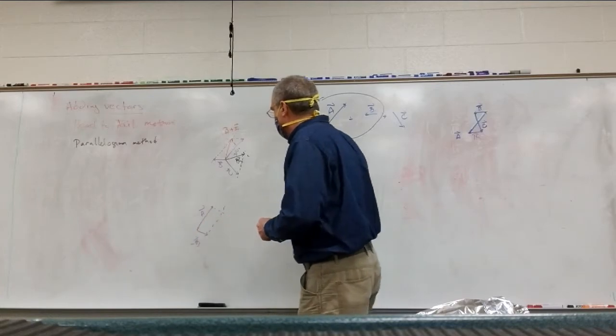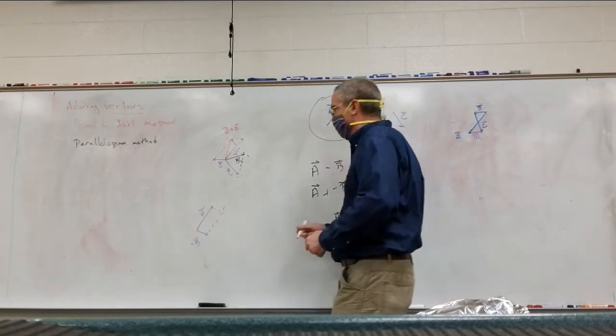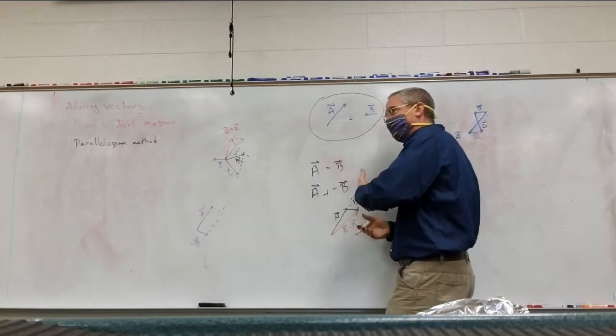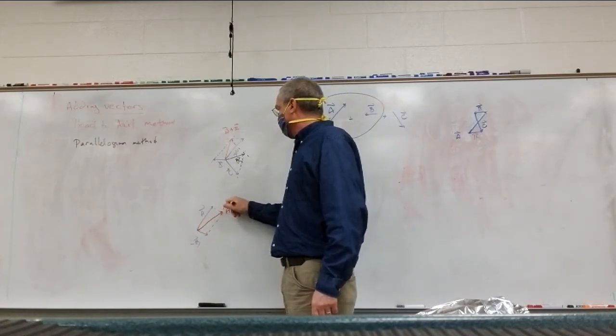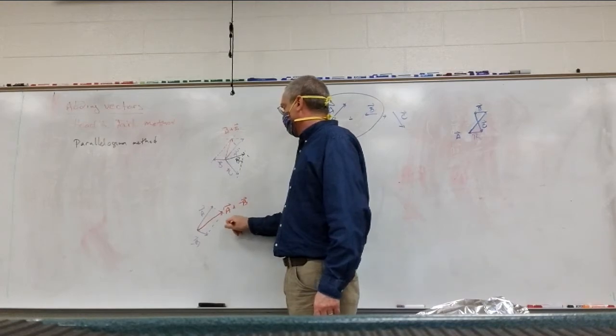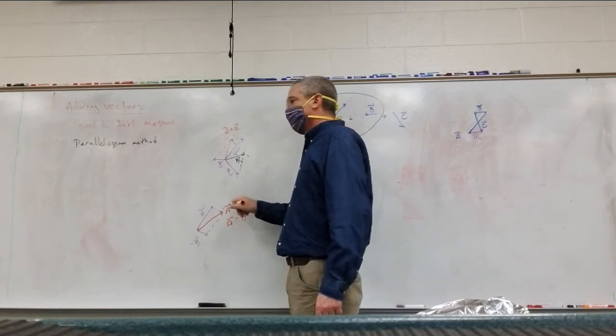Oh, okay. And so A minus B is A plus negative B, we're still going with that. And so that would be A plus negative B, which the math people tell me is the same as A minus B.